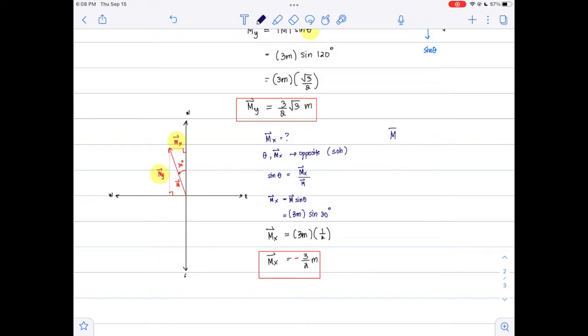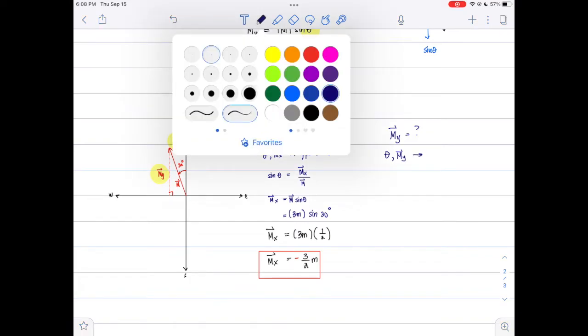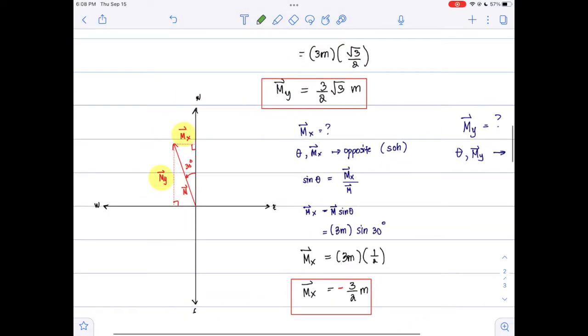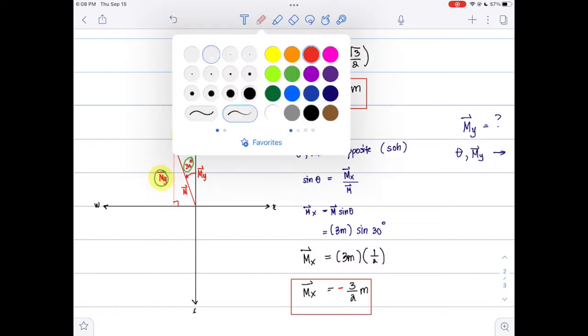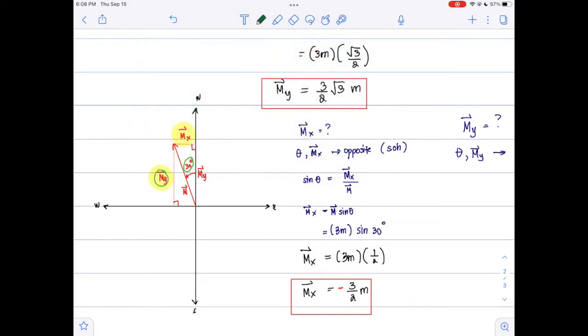Now, your m sub y is what you want to get. So the first question is, what is the relationship of your angle and the component you want to find? I'm just going to use green. What is the relationship of your angle and your m sub y? This is still m sub y, this portion. What is their relationship?